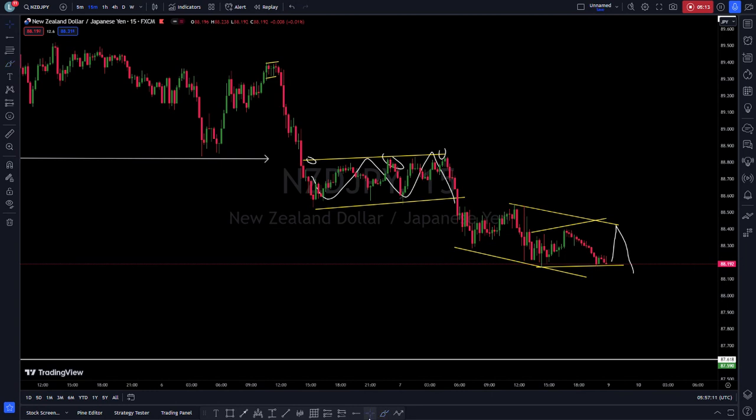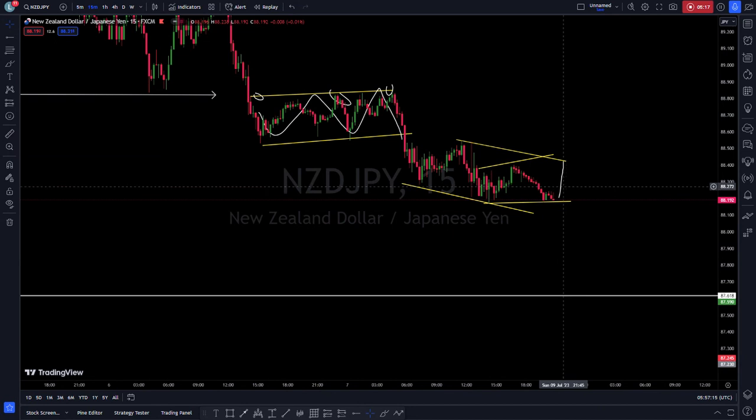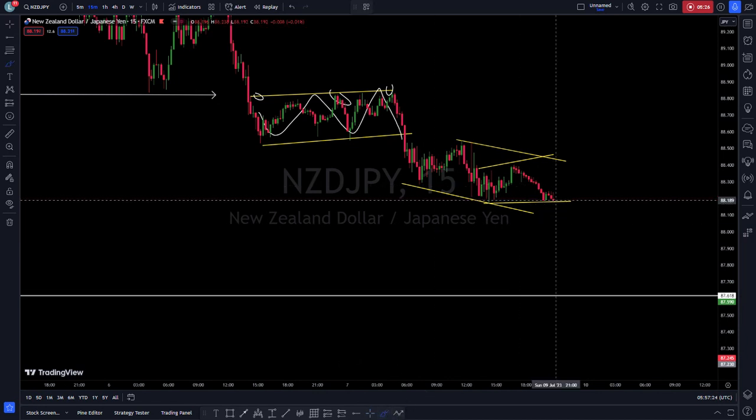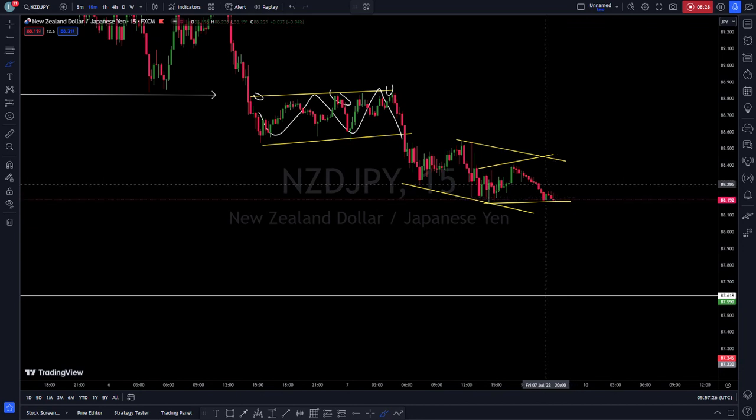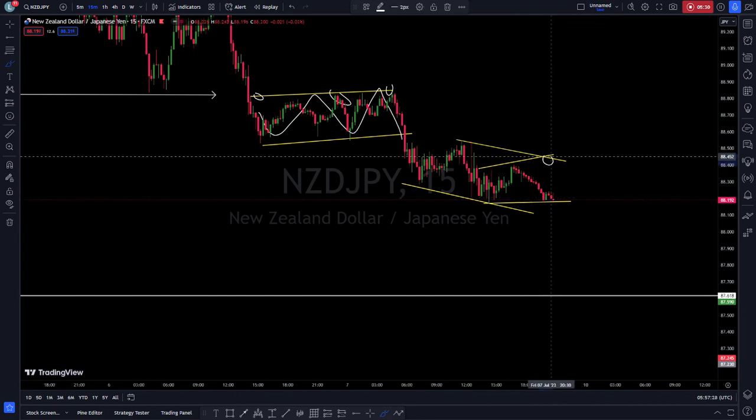Now, my forecast goes thus. I'm waiting for how this 15-minute candle will close. I'm waiting for it to complete this third touch. It might not necessarily complete this third touch.